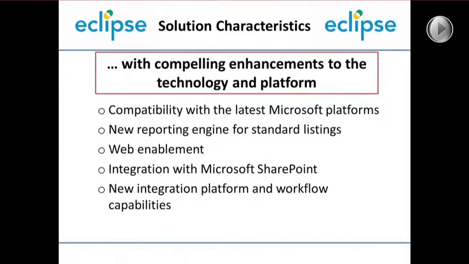There's a new web-enabled version of the SunSystems client. This is, of course, in addition to the rich desktop client that you'll be familiar with. So it's really about choice and opening up a number of different ways in which SunSystems can be deployed.